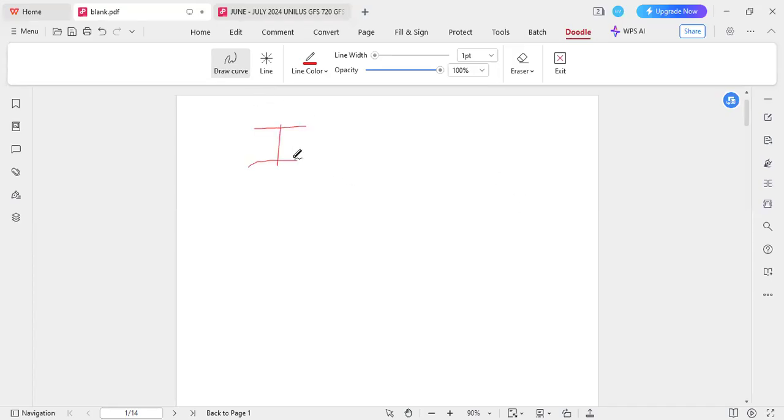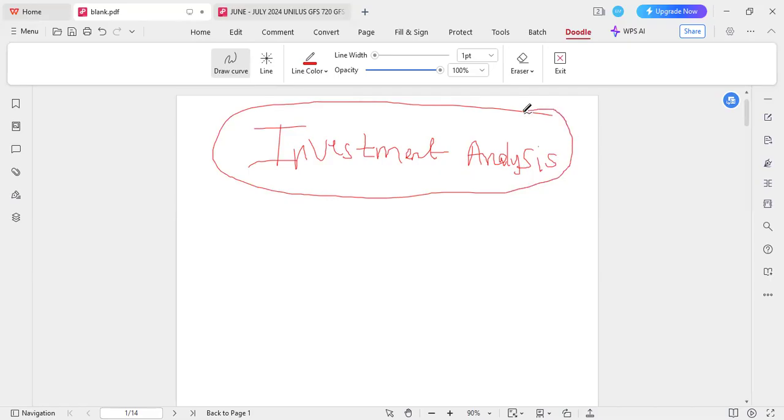Okay, so we are getting down to investment analysis. In this investment analysis, we are looking at a topic called risk and return.